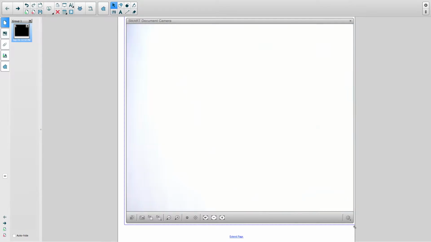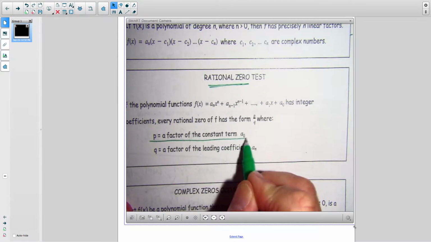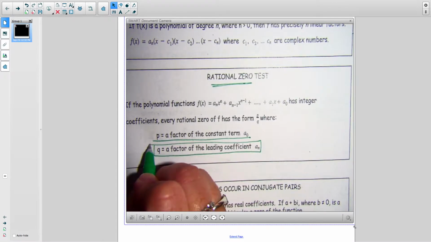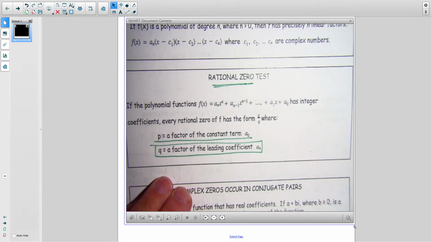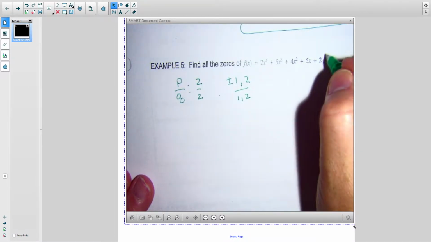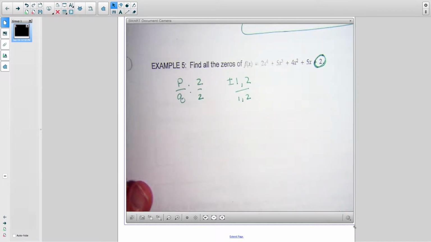Okay, back over here to our rule. Rational zero says that P is a factor of the constant term. Q is a factor of the leading coefficient. So for this one, our P is this right here. What if there is no constant?